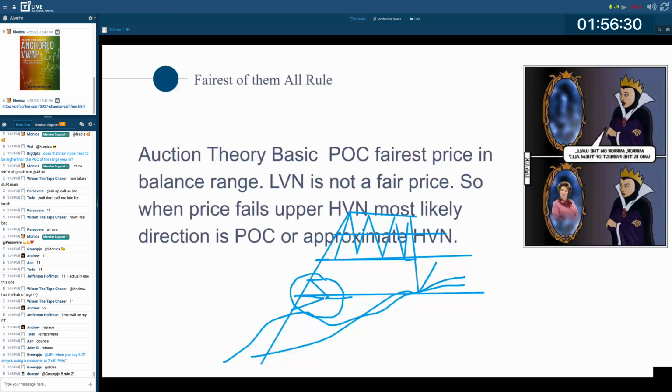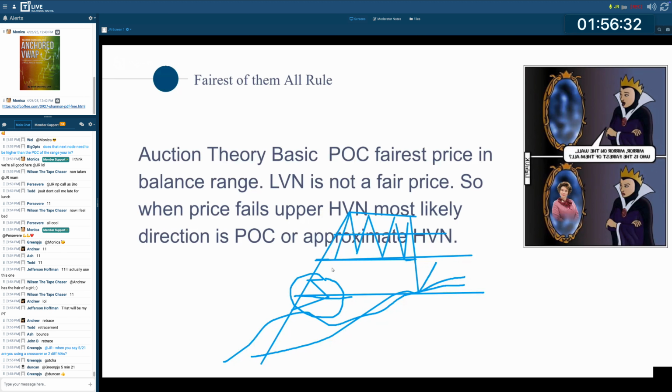How much transactional interest is there in filling that gap versus rotating right back to value area low? What do you guys think is more bullish? Watching this volume gap here, I'm going to make it red so you guys can see, transact and get filled up over the next 30 minutes or so, or a rotation right back that breaks value area low and holds it.